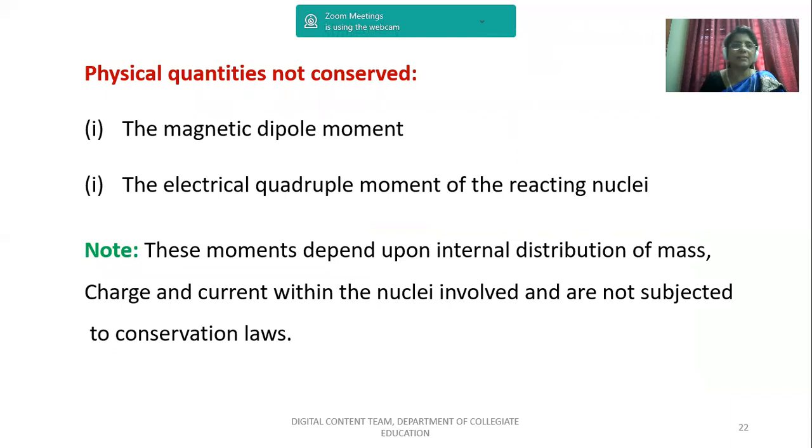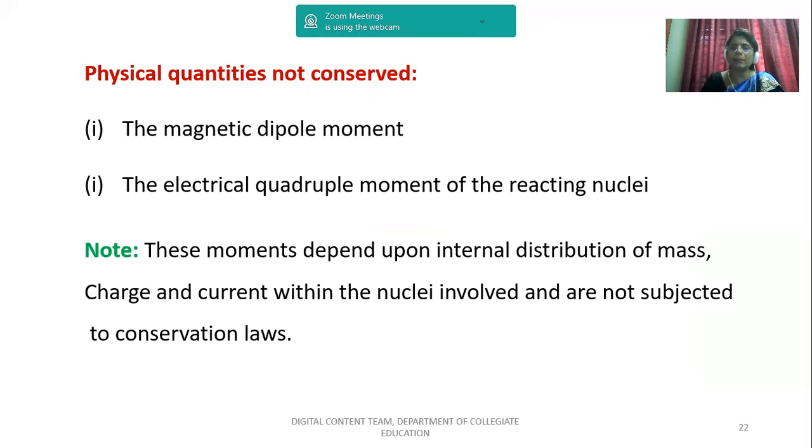So after understanding various types of conservation laws which are applicable to nuclear reactions and seeing their validity, we are going to consider some of the physical quantities which are not conserved in a particular nuclear reaction. Importantly, they are the magnetic dipole moment and electric quadrupole moment of the reacting nuclei.